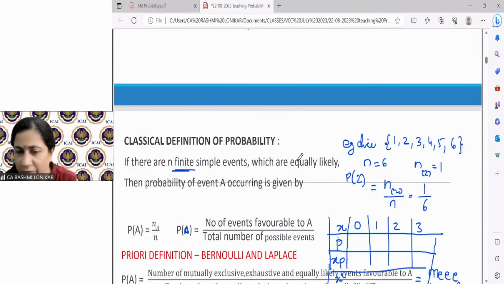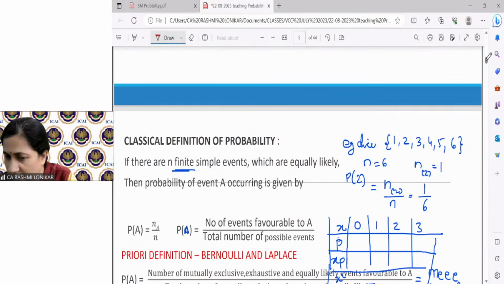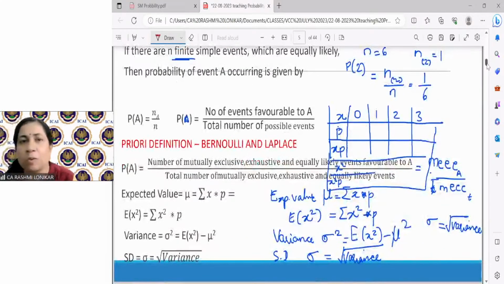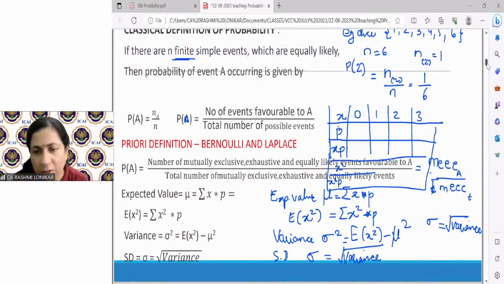Then the classical definition: if there are n finite simple events which are equally likely, the probability is given by n(A) upon n. Then we have the formula for expected value, mu, which is equal to summation x into p, where p is the probability. Then E(x squared) is equal to summation x squared into p.